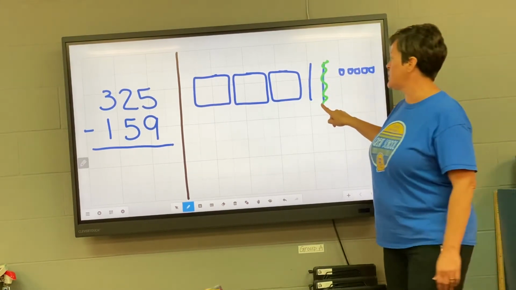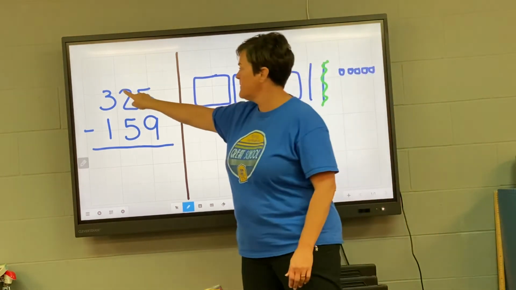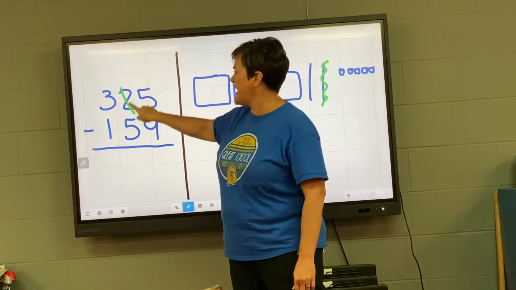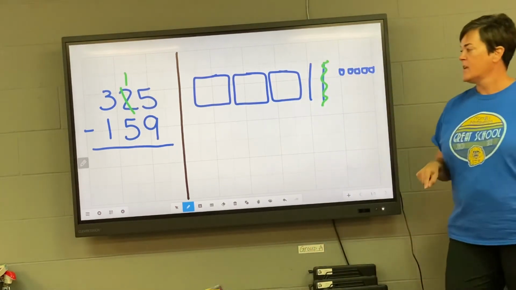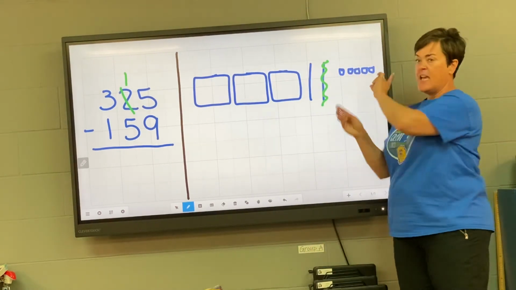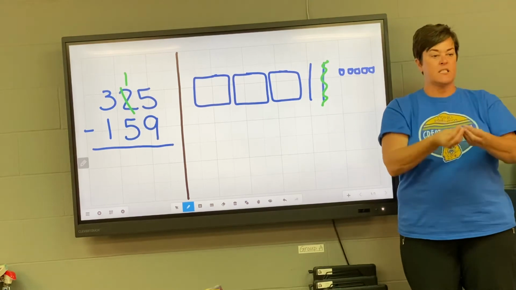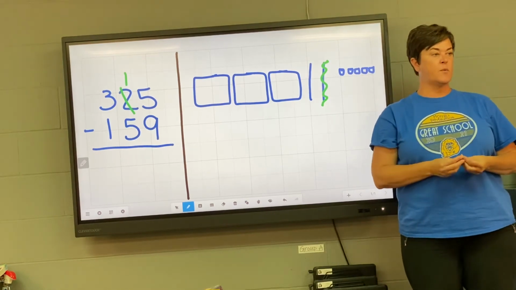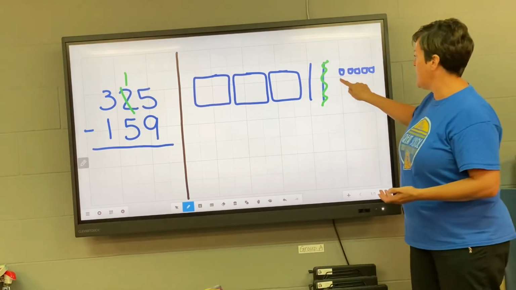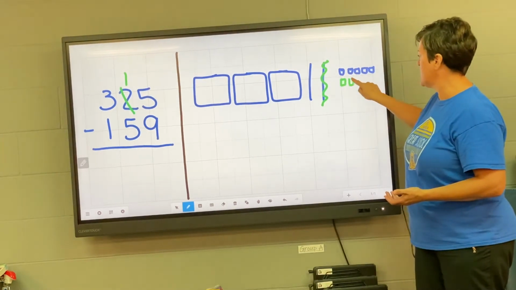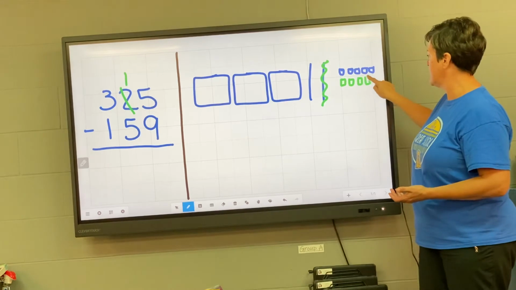That leaves 2 with how many tens? 1. Okay, let's go over here and do that. Now there's only 1 ten. So I have this ten and I need to break it apart. How many ones will I get from that ten, everybody? 10. So now I'm gonna have 10 more ones over here.